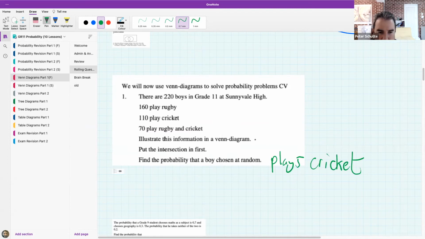But I also want you to draw the Venn diagram because I'm going to ask other questions in a moment. So put this information into a Venn diagram, put the intersection in first, and then find the probability that someone chosen at random plays cricket, and then find the probability that someone chosen at random does not play cricket.